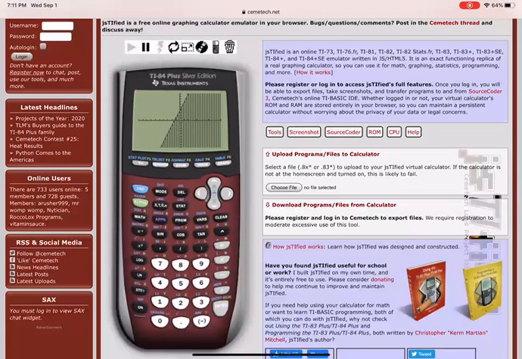And let me pick another line, let's say 4x plus 6, and move the arrow and enter.